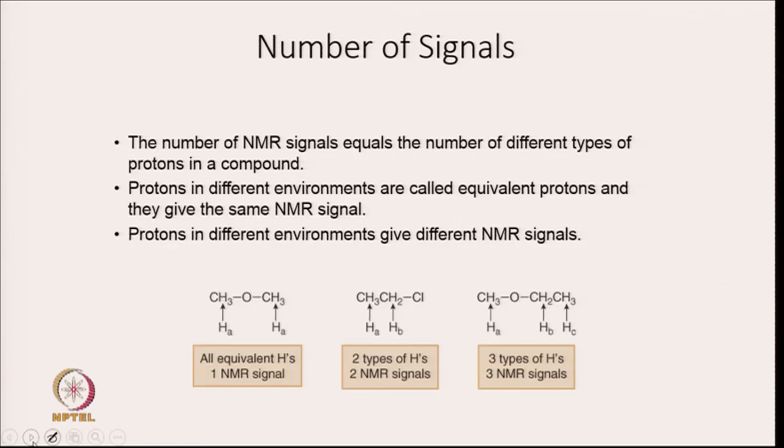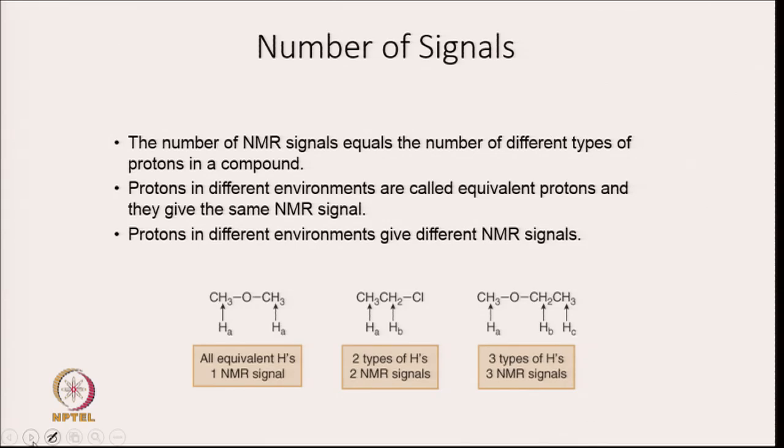The first feature is the number of signals. The number of NMR signals equals the number of different types of protons in a compound. So, if there are 4 different kinds of protons in a compound, you should expect 4 different signals.